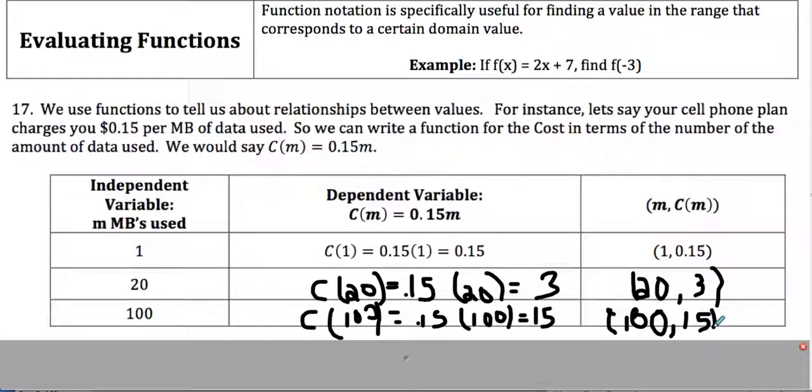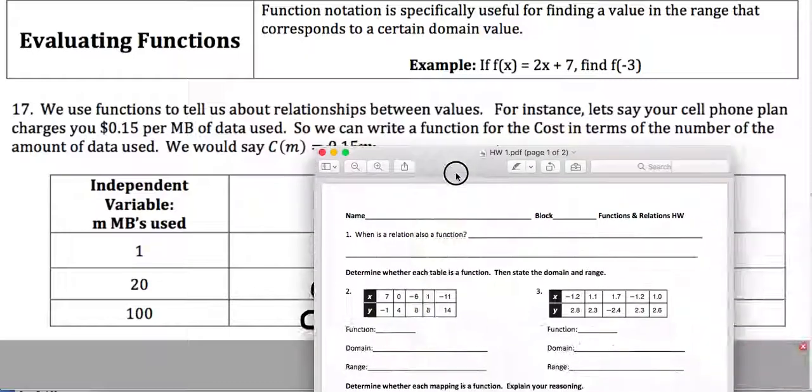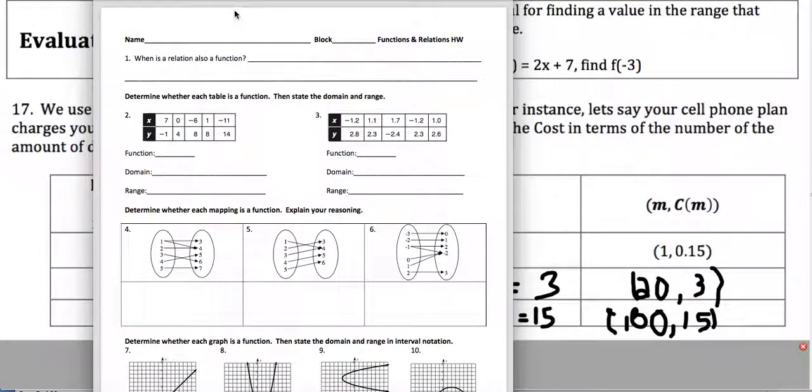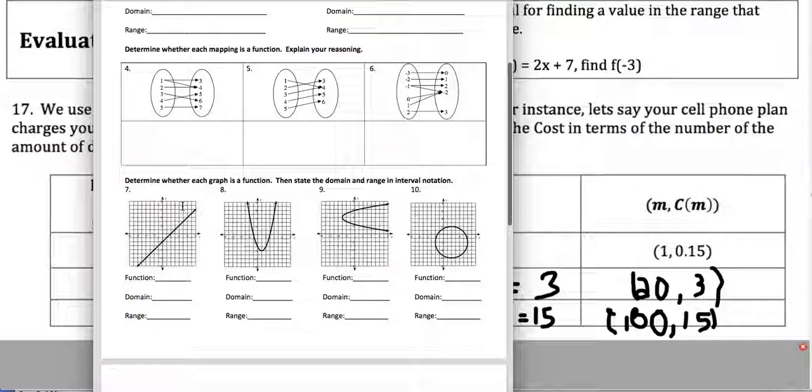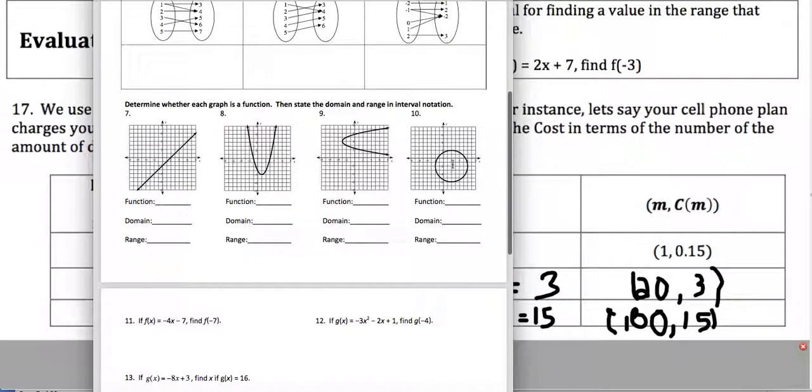So I just wanted you guys to make sure that you understood the process of evaluating functions and function notation, because you are going to be working on the first homework assignment, which talks about finding the domain and the range, as well as using your vertical line test to determine whether it's a function or not.